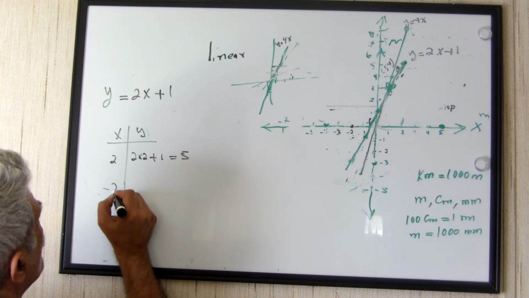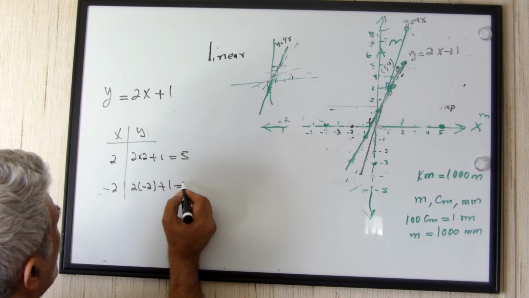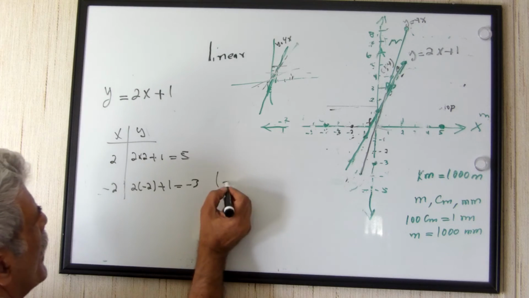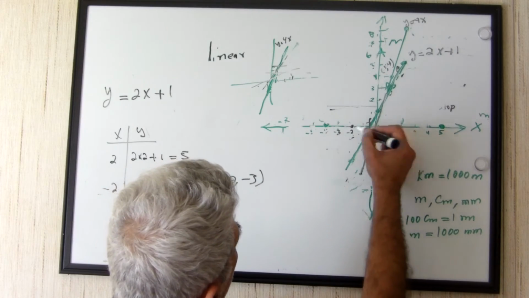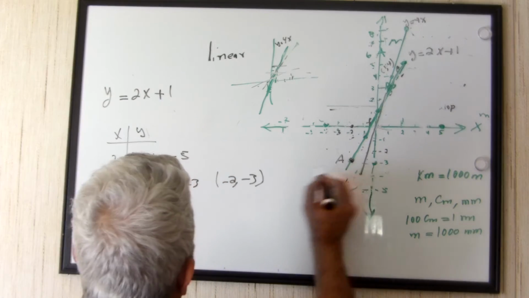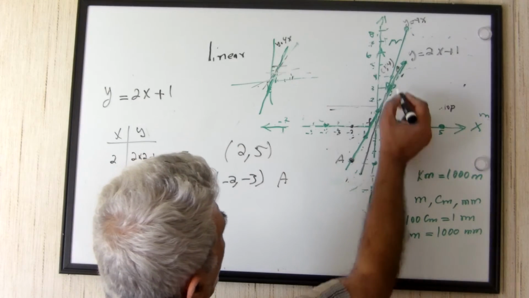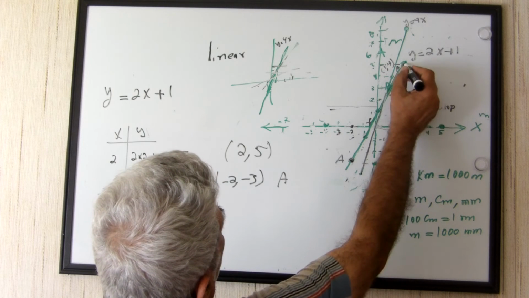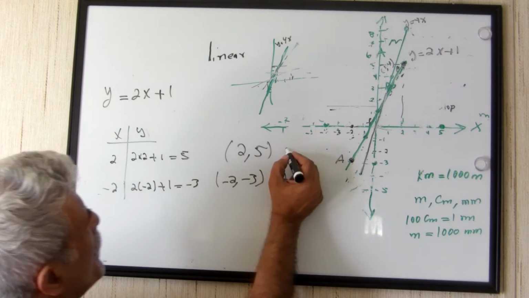And if x is minus 2, it is 2 times minus 2 plus 1, which is minus 4 plus 1, minus 3. So minus 2 and minus 3 is this point here, call it A. And 2 and 5 is this point, which is going to be B.